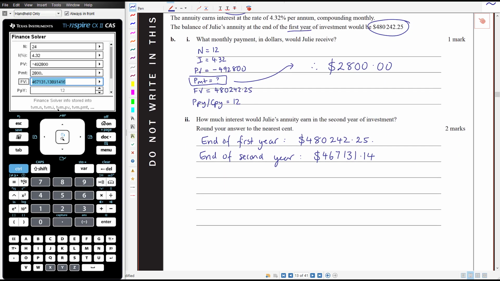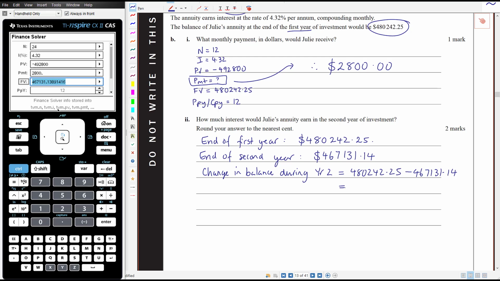Okay, so we've worked out the value of the investment at the end of the first year and the end of the second year. Okay, so we want the change in the balance during the second year, during year 2, is going to be 480,242.25, take away 467,131.14.